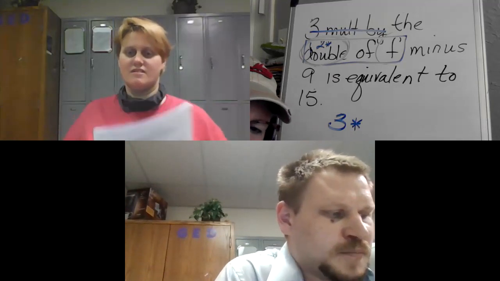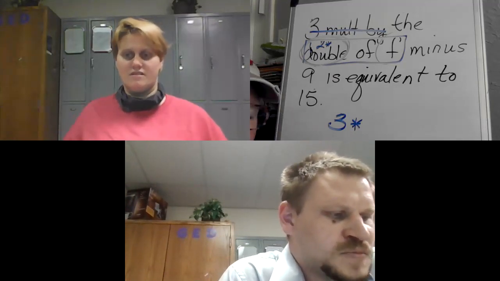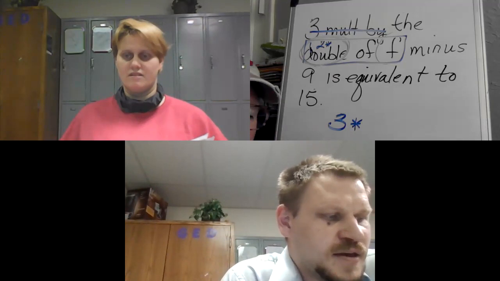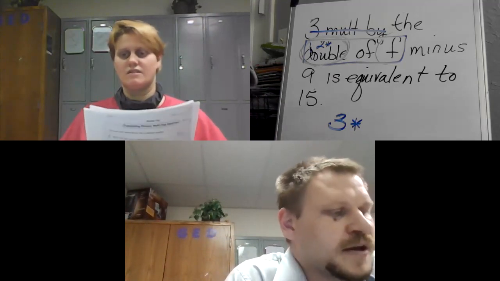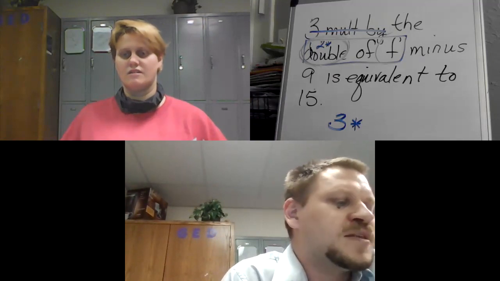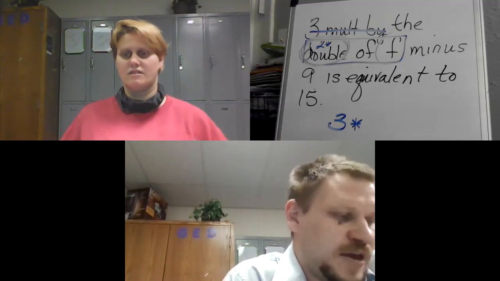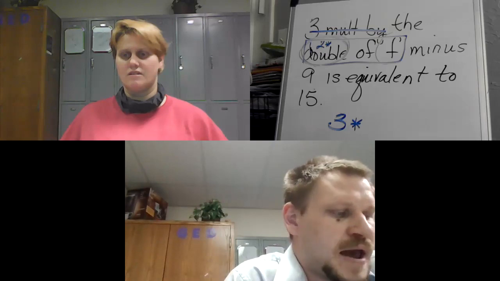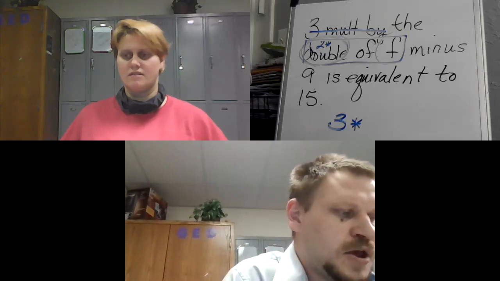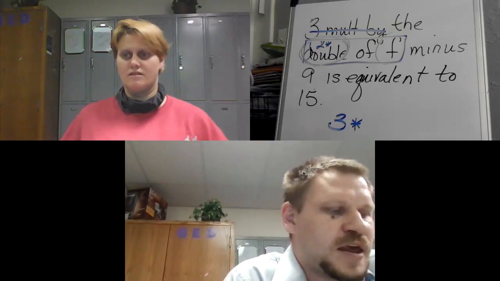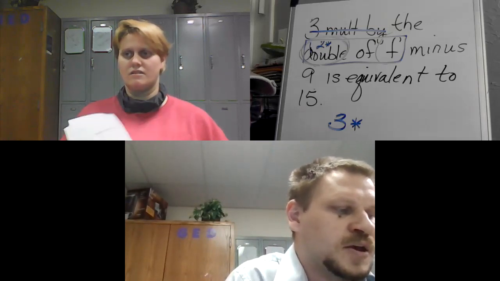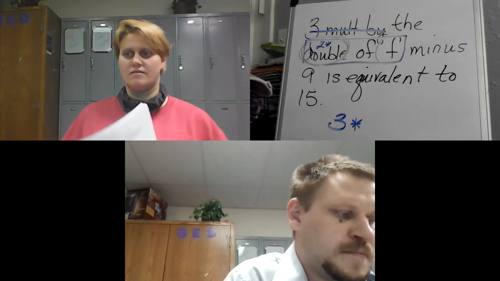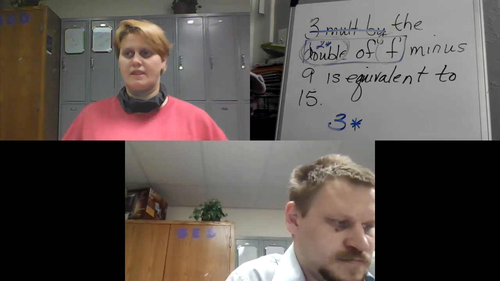What I am looking at on it, by what it is saying, yes, it could go off of several different ways, in fact. But with it saying double of F and then minus 9, I would say, okay, what they're saying is basically 2F minus 9.